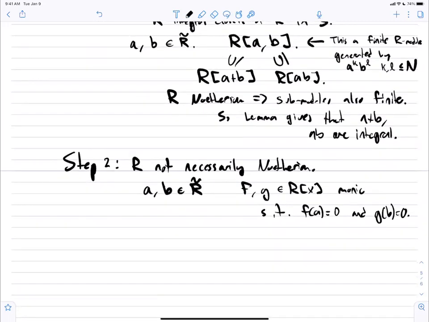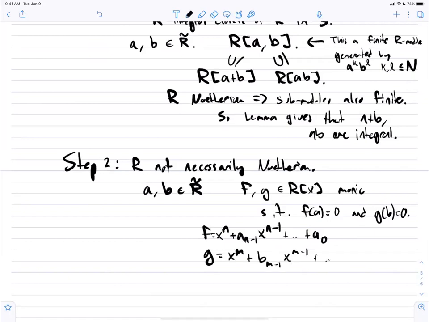Okay, and then F is equal to x to the n plus a_{n-1} x to the n minus 1, and so on, down to a_0, and G is going to be x to the m plus b_{m-1} x to the m minus 1, and so on all the way up to b_0.